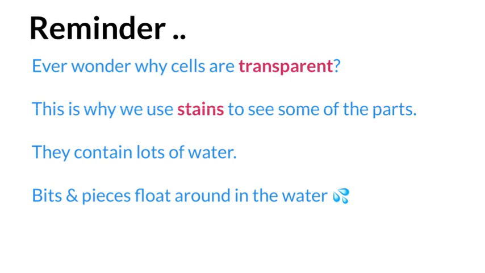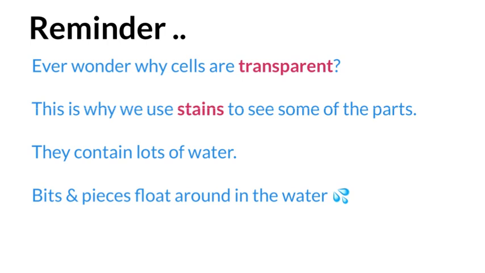Now let's think about some things we know about cells already. Cells basically are see-through, and that's really good because it allows us to look at them quite clearly using a microscope. If they weren't see-through, the light wouldn't be able to come through them, and then we'd have all these problems. Now, because they're see-through, we have to put little stains or little colours on them to highlight certain sections we want to see.